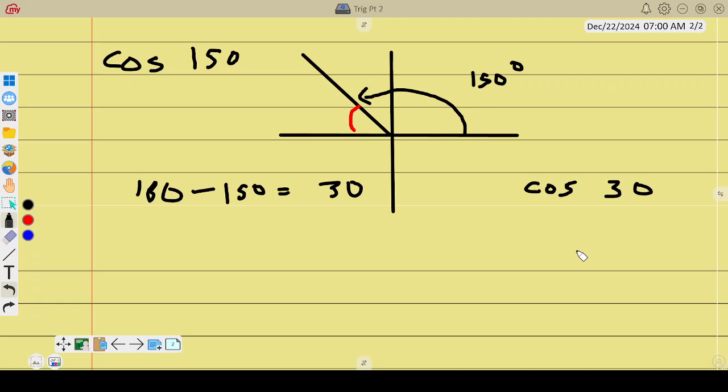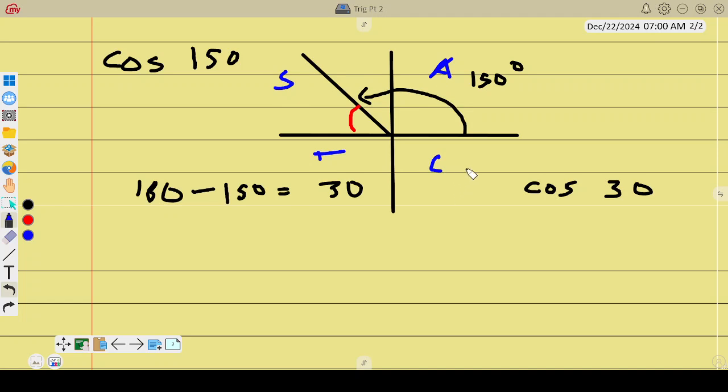Better. So cos 30, and then don't forget the quadrants. We have simplified this, and now let's work on the quadrant. This is the second quadrant. In the second quadrant, is cos positive or negative? You have to remember the mnemonic: All Students Take Chemistry.